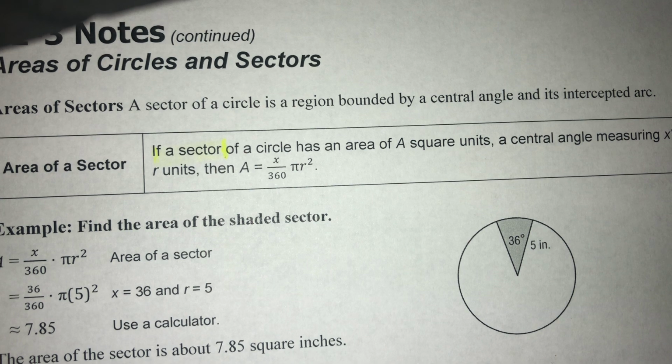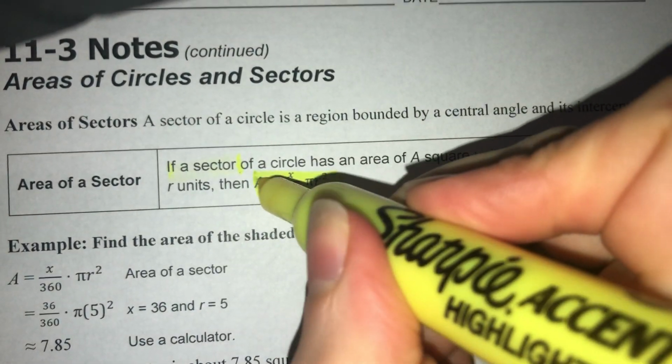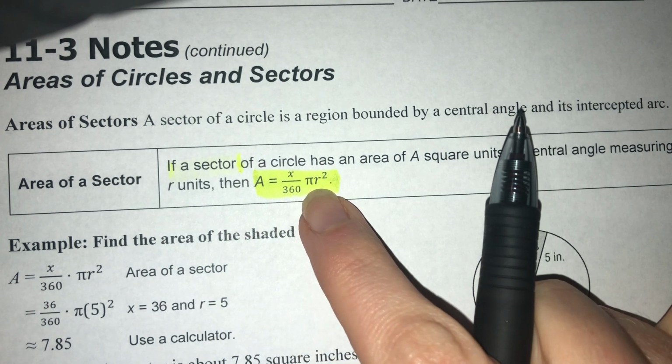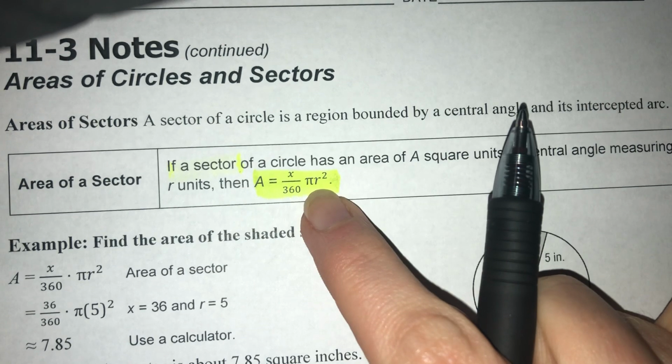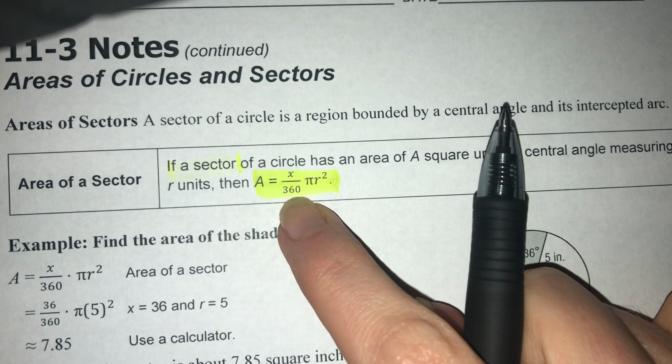So to find the area of a sector of a circle, we're going to use this formula. Area equals x over 360 times pi r squared. So you'll notice the pi r squared is the same as the area of the circle formula that we used on the other side. So we're multiplying this by x over 360.